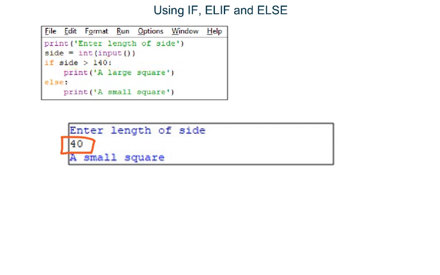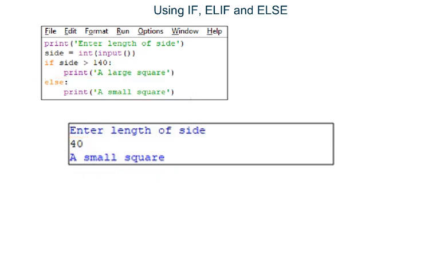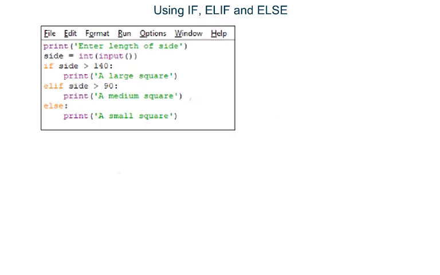Because the if part of the code has not been done, the else part of the code has to be done. The program outputs a small square. With an if followed by an else, one of the indented sections will always happen, and both will never happen.